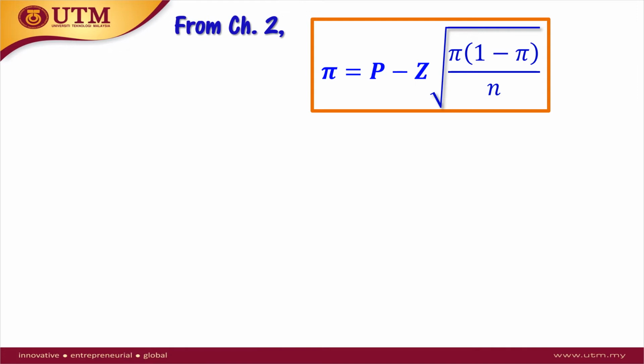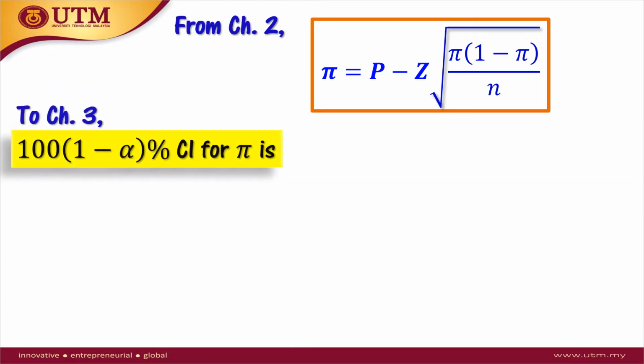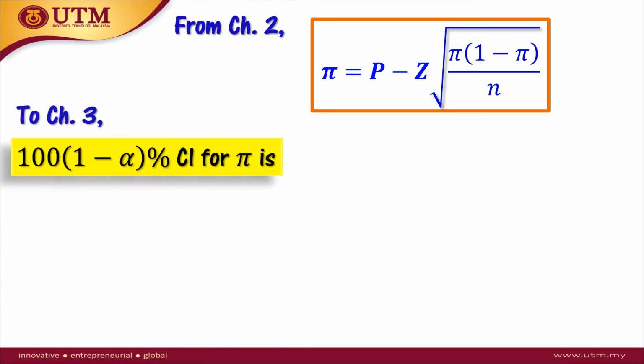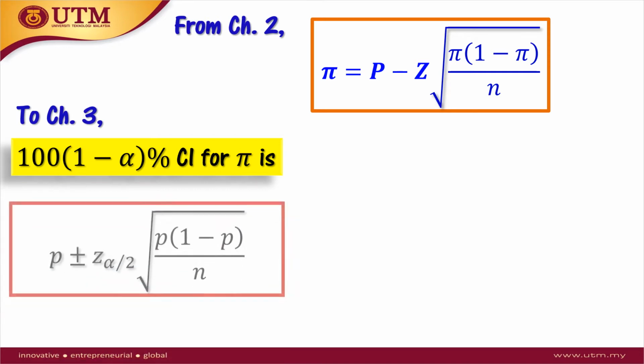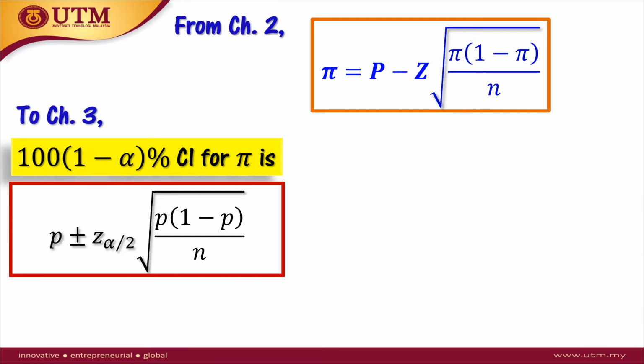Now, by borrowing this expression with little modification, we can then obtain a 100 times 1 minus alpha % confidence interval for pi given by this expression, which is the small p plus minus small z alpha over 2 times the square root of small p times 1 minus small p divided by the sample size n.